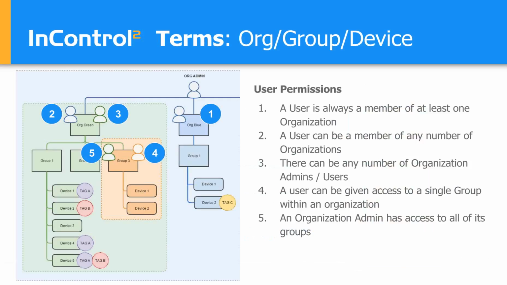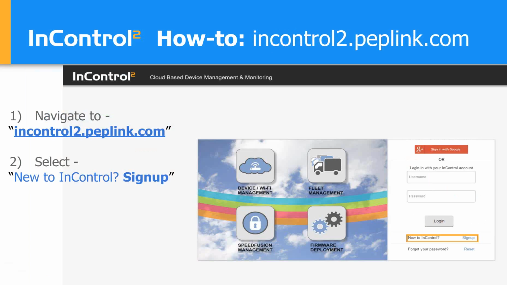And then the Group A admin only needs to see California. With IC2, you can certainly keep them all on the same account, the same organization, and have the Group A admin only see Group A. And then the organization admin has the keys to the kingdom. They can see everything.